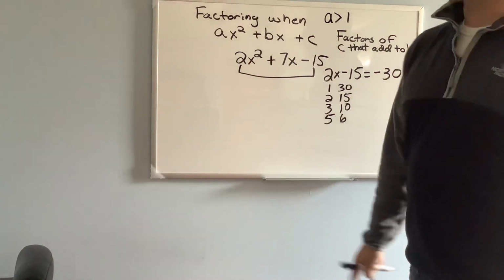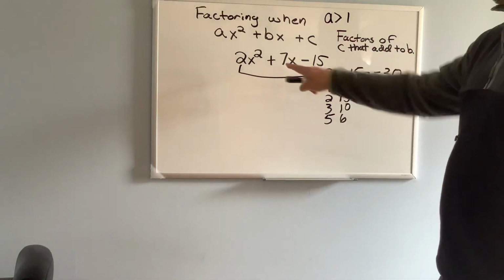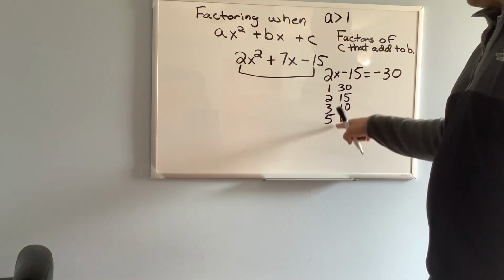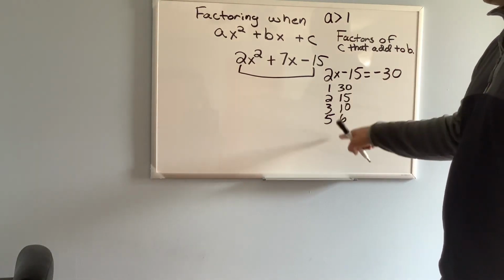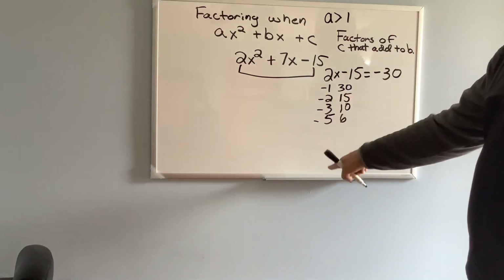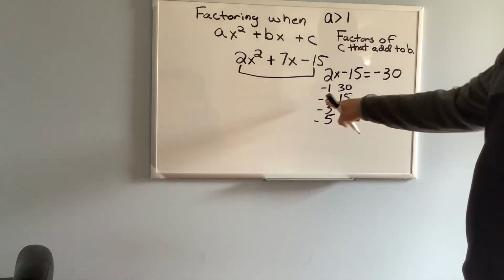Now I'm going to be looking for the sum again, and I want the sum to be positive. So that means I'm going to put the positive number on the second factors because that's bigger, and I'm going to put the negative on the first factors. And then I'm going to add them.